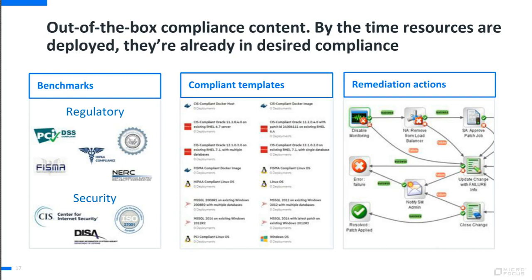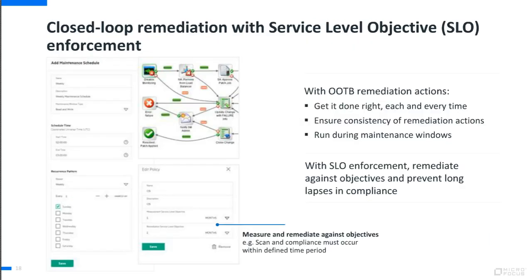They also include remediation actions, so no need to create remediation scripts. You assign those all as you're setting up the resource based on the policy and benchmark that you need to meet, and that goes into also service level objectives.